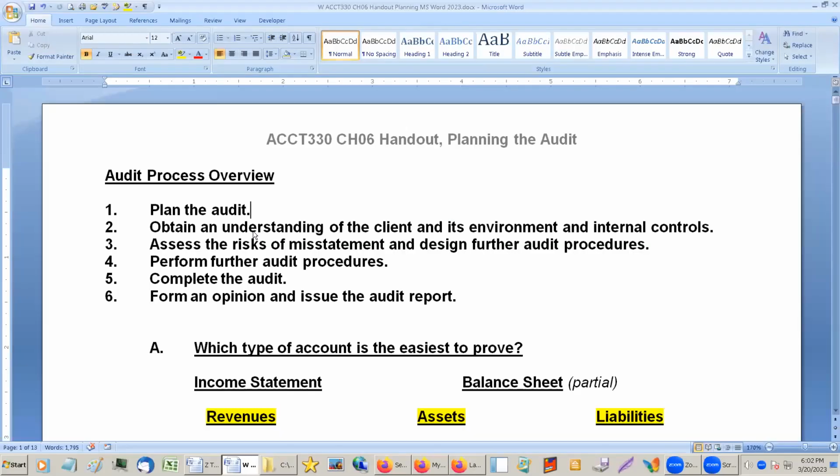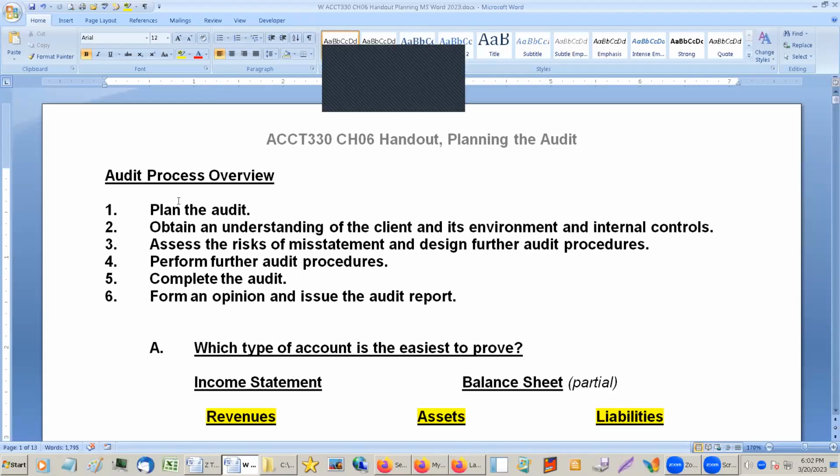I like teaching auditing, I have to admit that, because it's kind of wacky and it's a lot of judgment, which usually you don't get in accounting. There's a lot of judgment involved as far as how do you prove something? How do you get reasonable assurance about something and all that? But anyway, I'm going to go through this, and hopefully as we go through this, it'll make more sense what we're doing.